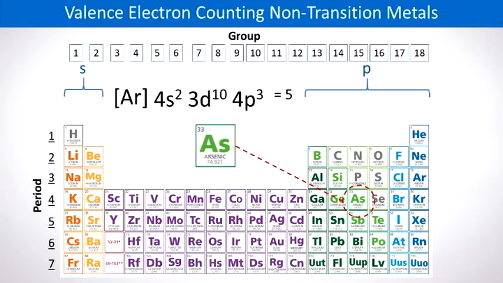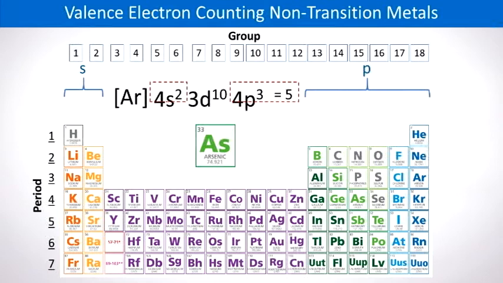For another example, we take arsenic. The electronic configuration for arsenic is shown here. The valence electrons are found in the 4s and the 4p orbitals.